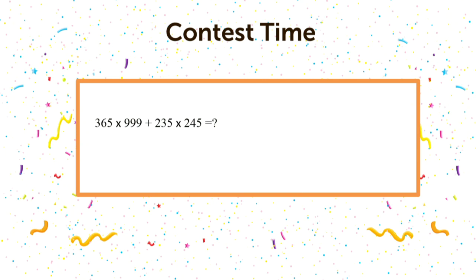Let's see who can get me this fastest. Please don't use your calculator, okay? This is just to check how can you solve this question without using a calculator. 365 into 999 plus 235 into 245.